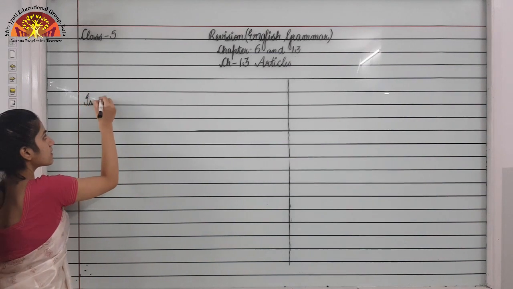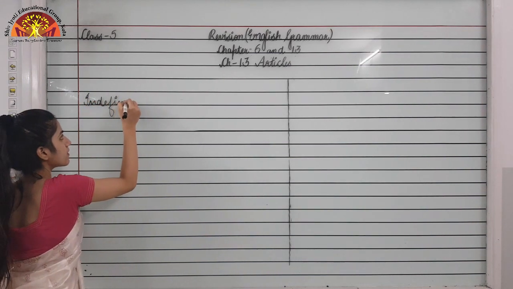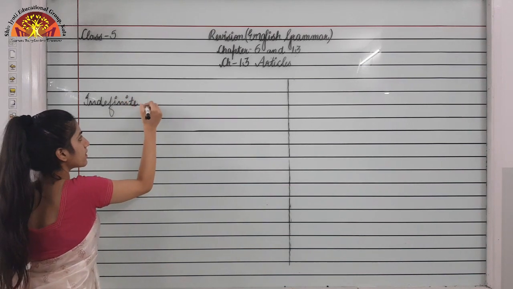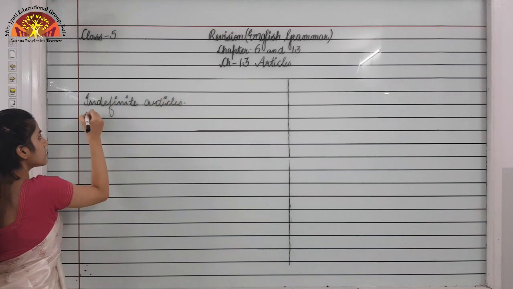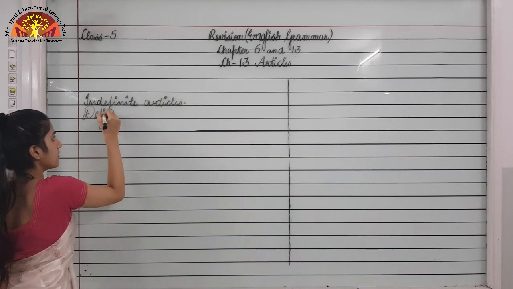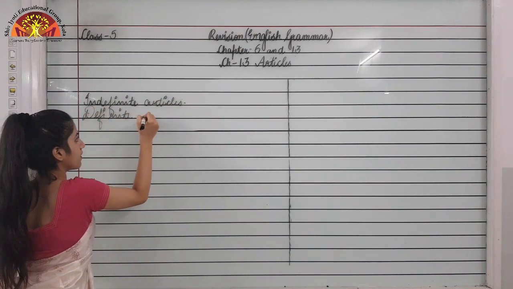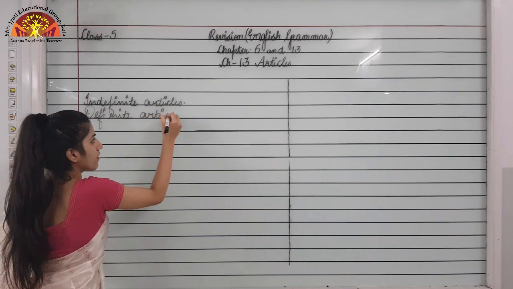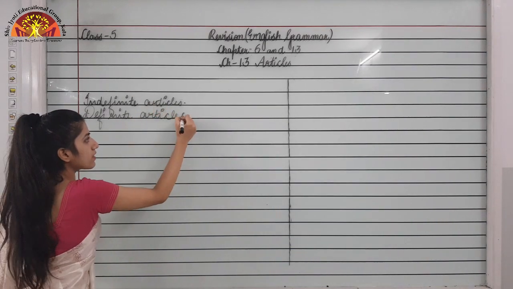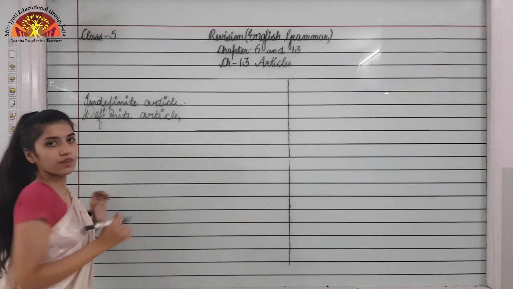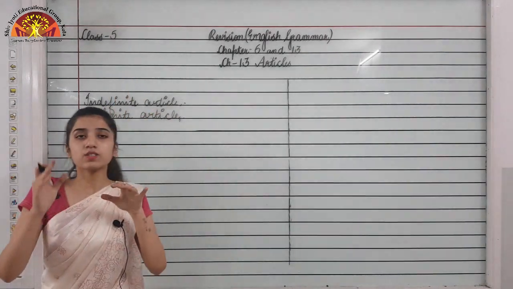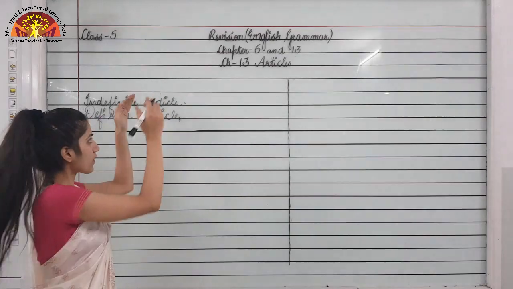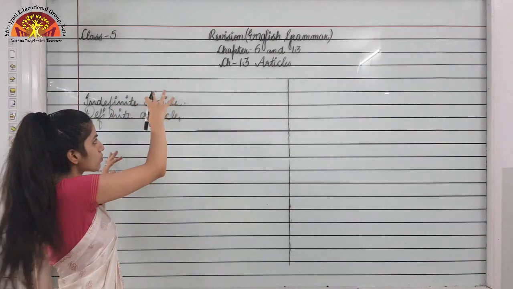indefinite article and definite article. In the indefinite articles we have two articles. We are categorizing these articles into these two types.